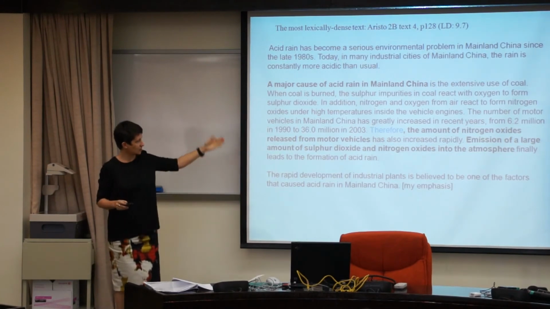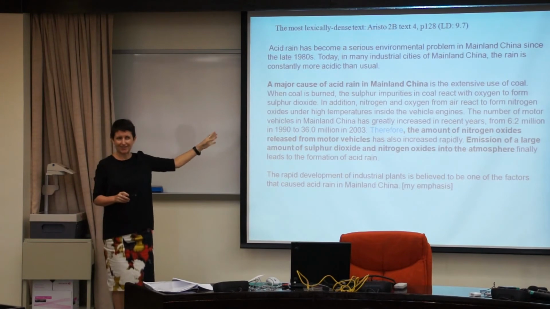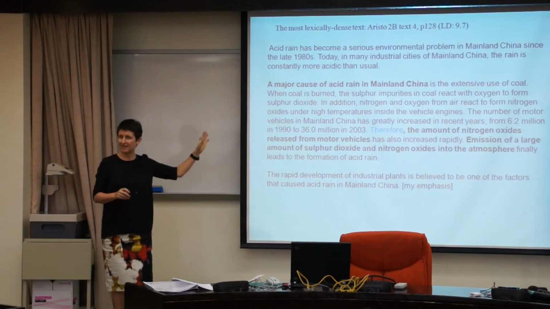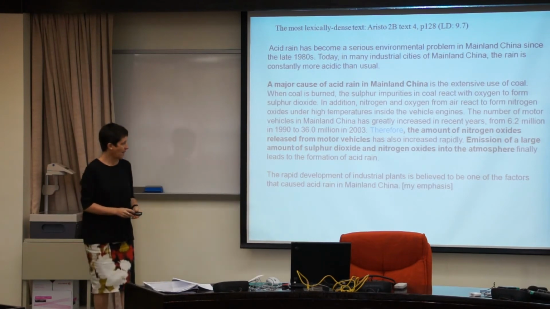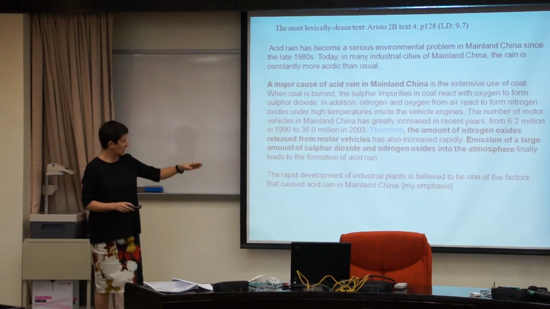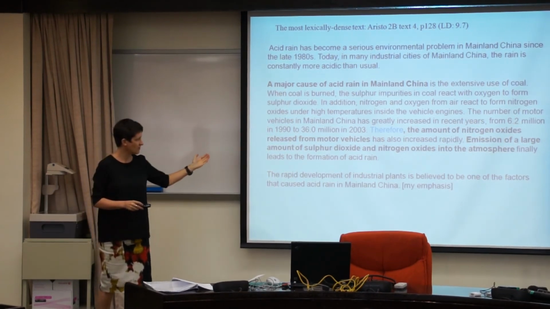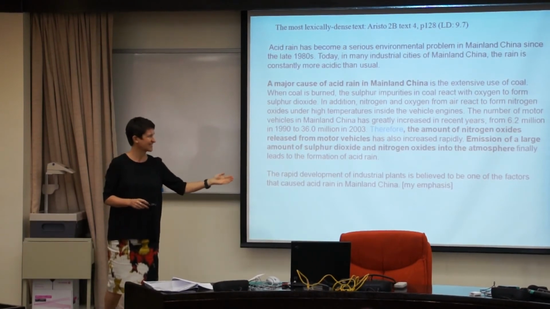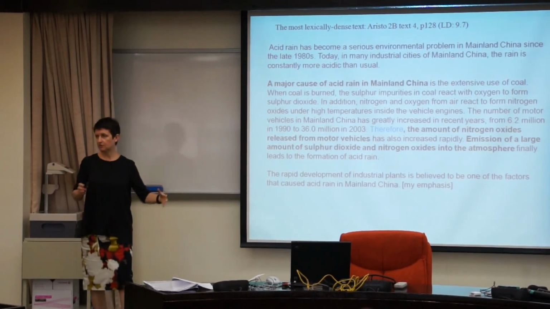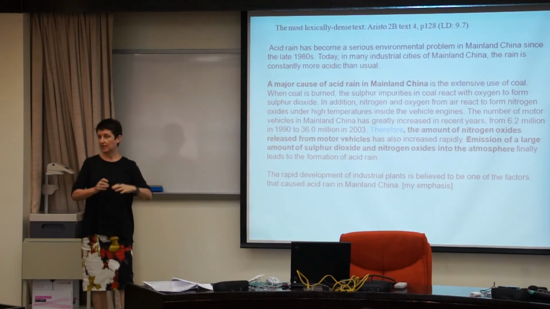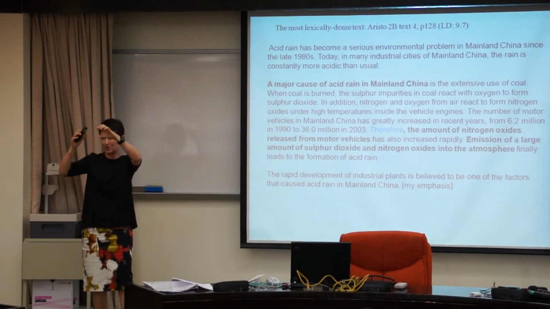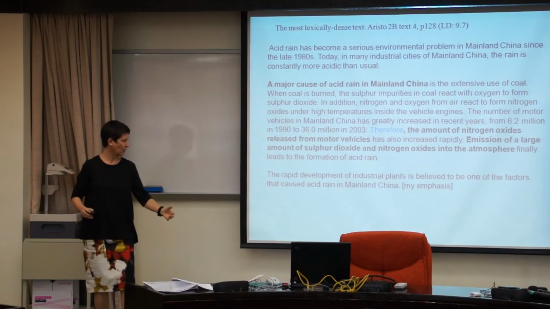And then there are other issues of cohesion, and perhaps referencing and article use that you might even disagree with, which causes extra problems. And then you end up with quite an abstract version: emission of a large amount of sulfur dioxide and nitrogen oxides into the atmosphere. So it builds up and up, starting out with small nominal groups, and by the end of the text you've got the long ones.